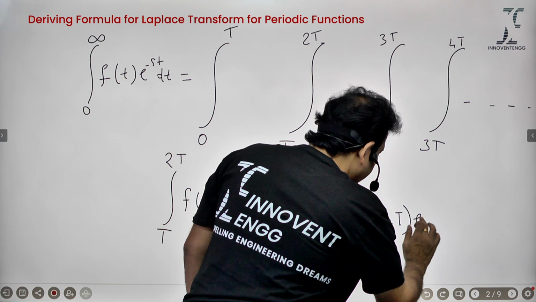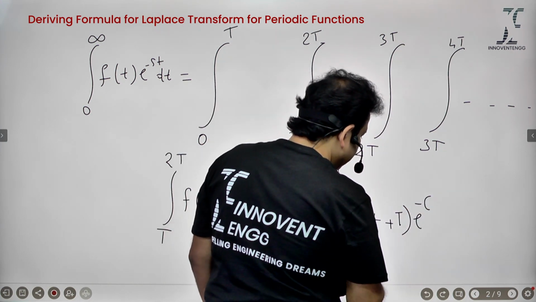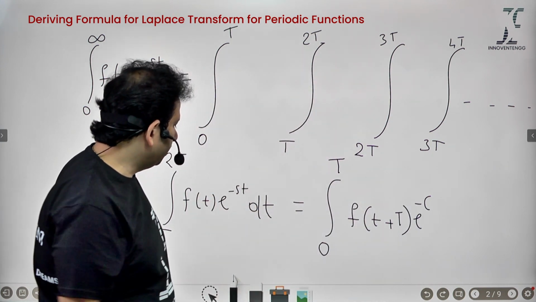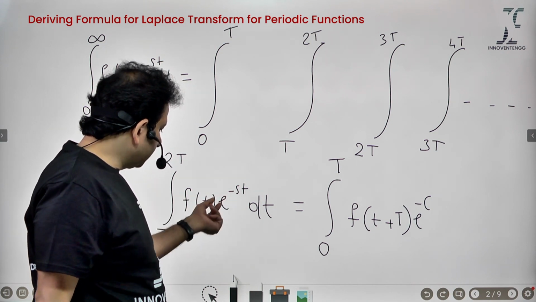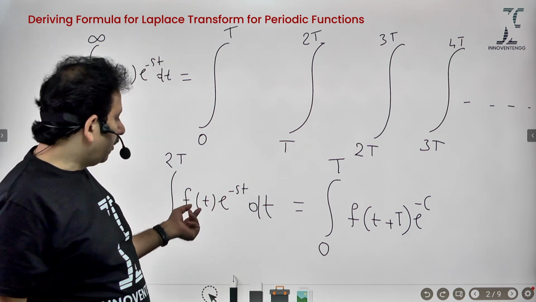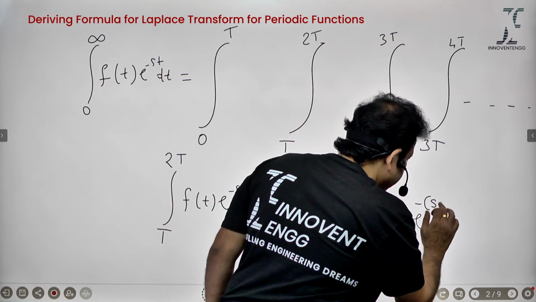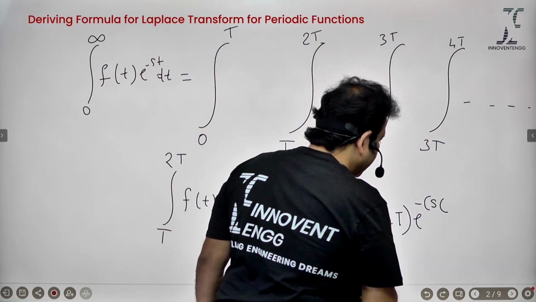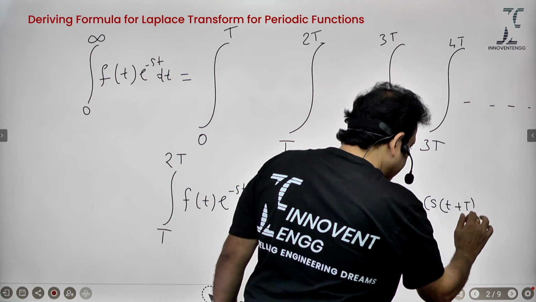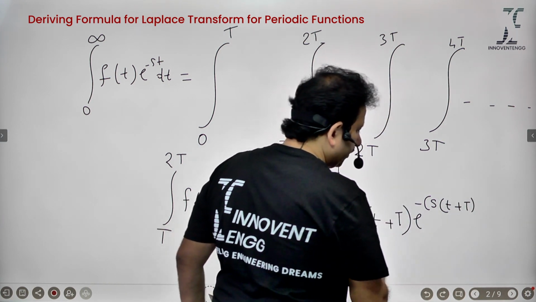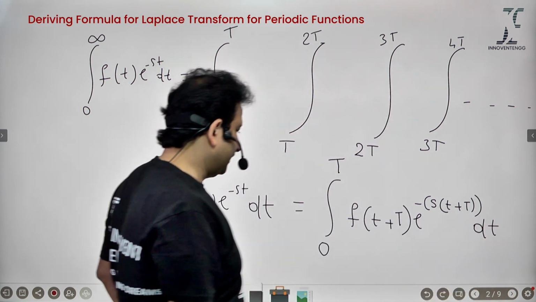Then e power minus st, how is that going to change? Because once you change t here, every function that is there in the integrand must undergo change, right? So e power minus s is absolutely all right, but inside the bracket you should add T to that. Okay, so this is what is done, and then of course the order of integration is dt.